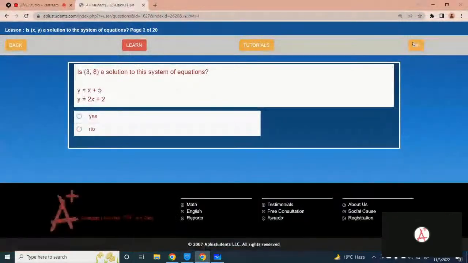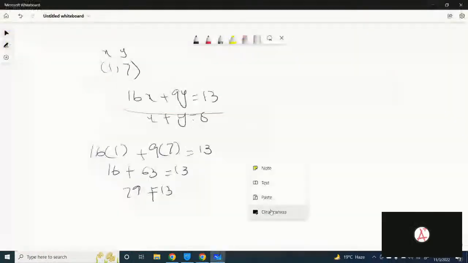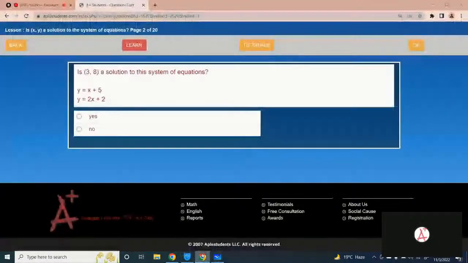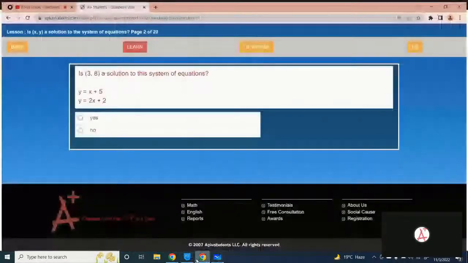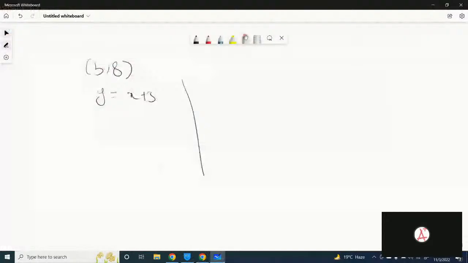Okay, is (3, 8) a solution of the system of linear equations? The point is (3, 8), and the equations are y equals x plus 5, and the second equation is y equals 2x plus 2.